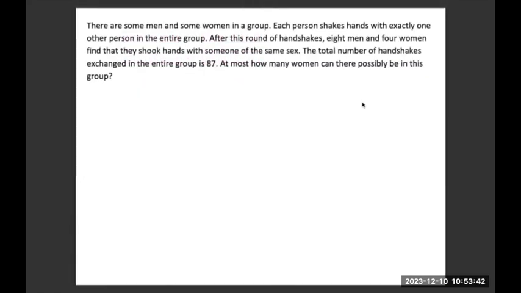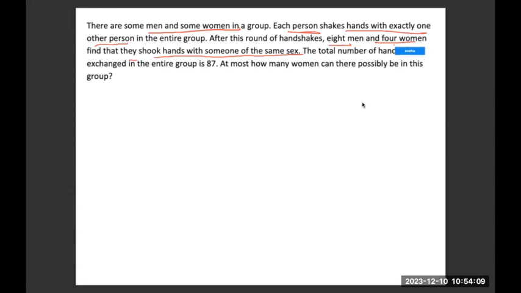Yeah. So there are some men and women in a group. Each person shakes hands with exactly one other person, not more, not less. Everybody will be shaking hands with exactly one person. After this round of handshakes, 8 men and 4 women found out that they shook hands with someone of the same sex.